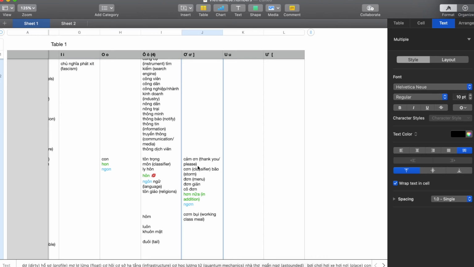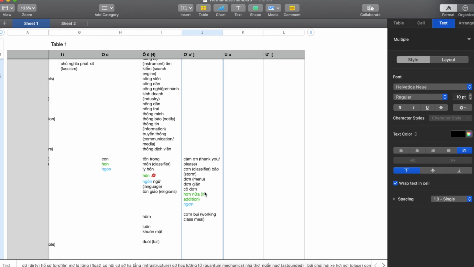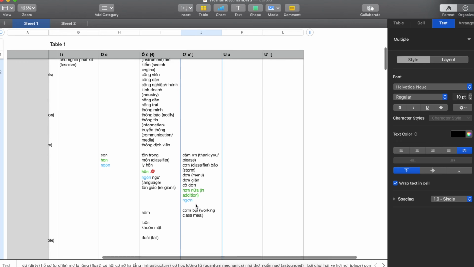This one's easier. It's going to be the un sound again. So cam un. I mispronounced it in the clip, lols. Gun, dun, hun, nữa, hun. So hun, hone, hong. So un sound, own sound, and ong sound. And then yun.